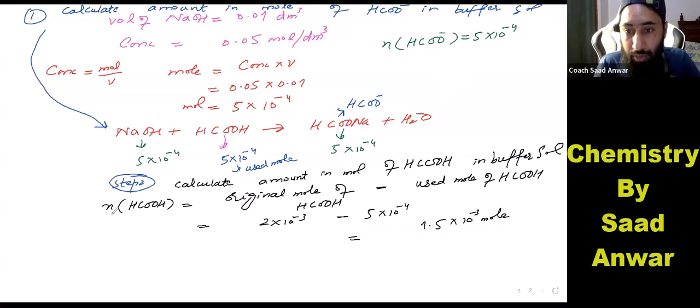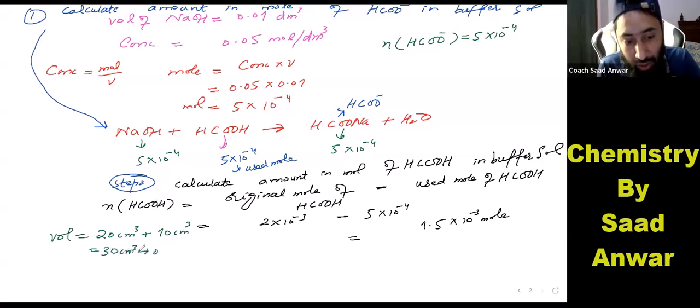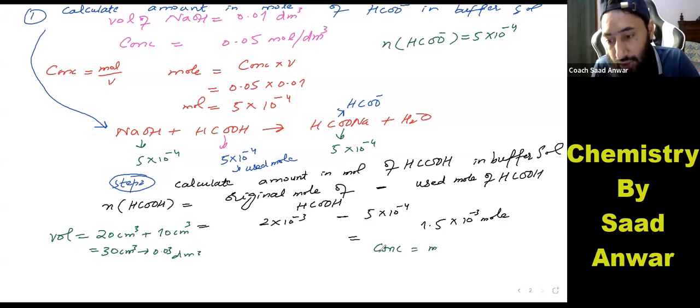Now, because I have to find the concentration of formic acid, remember, volume of acid is 20 cubic centimeter. Volume of alkali added is 10 cubic centimeters. So total volume is 30 cubic centimeter, which means 0.03 cubic decimeter. I'm going to use this volume to find concentration. You know this formula: concentration is equal to moles divided by volume.